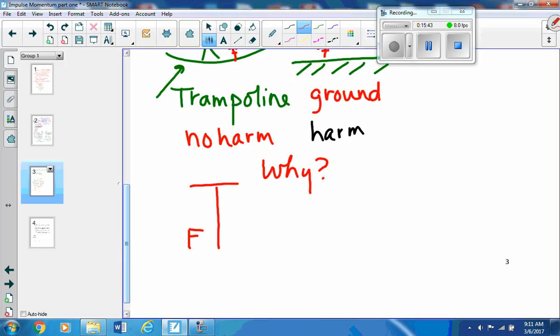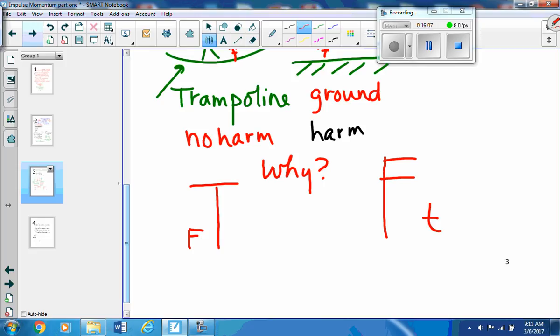Okay? On the other hand, we have a very small time interval that the person is interacting with the ground, really small. And so by comparison, in order to have the same change in momentum, the person experiences a much larger force. So this is the big idea.